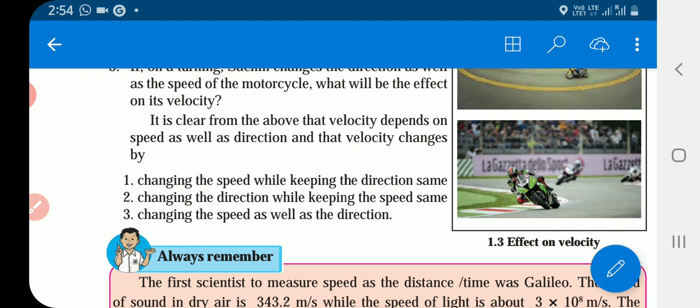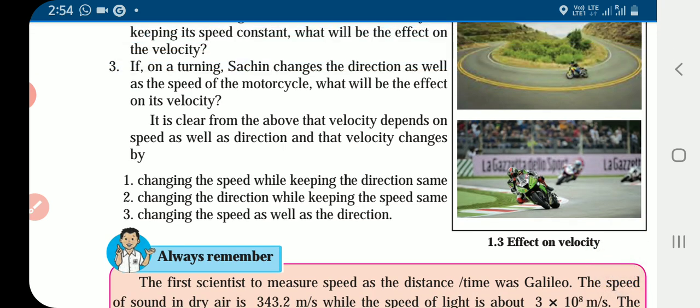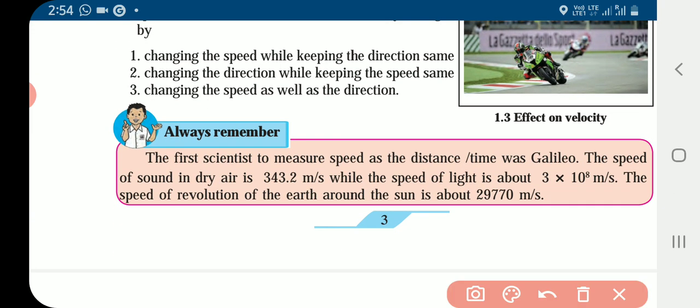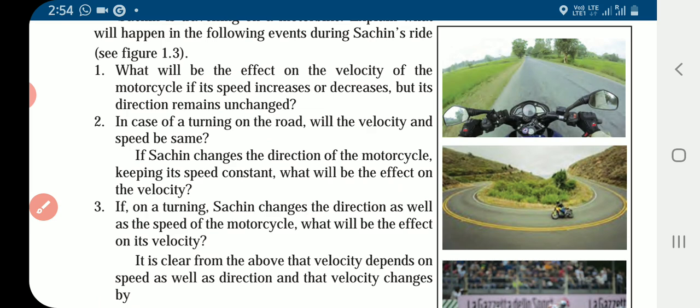Here is the question for 3 marks. See here. If the speed of the motorcycle increases or decreases but the direction remains unchanged, and in case of turning on the road, will the velocity and speed be the same?